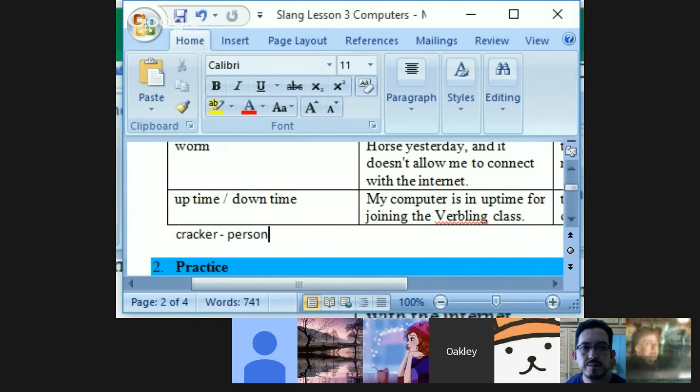Okay, so cracker is the opposite word of hacker, but the activity is very similar. So maybe a person who hacks benevolently for good reasons. Yeah, that's right, to help people. Really? I did not know that one.